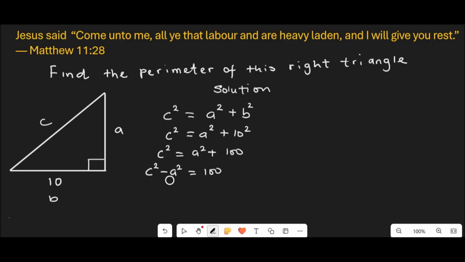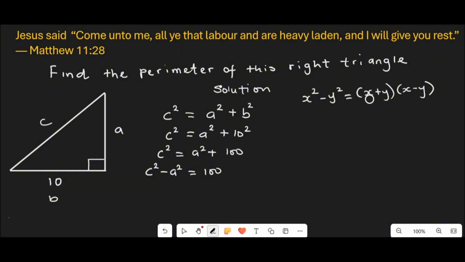I want you to recall the concept of difference of two squares, which says x squared minus y squared equal to x plus y, x minus y.